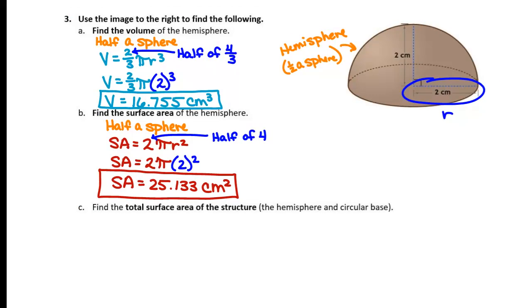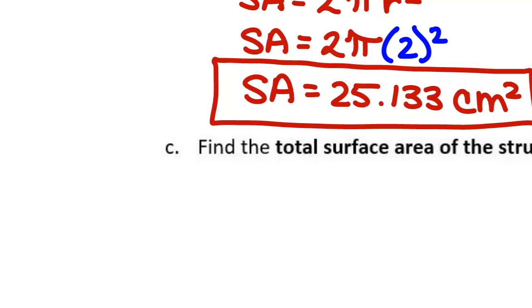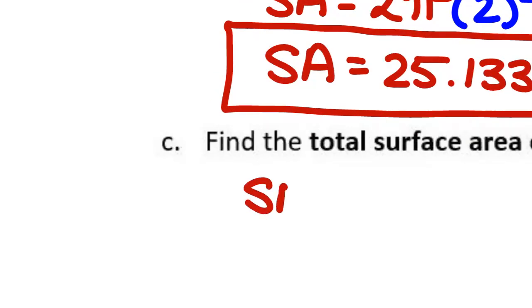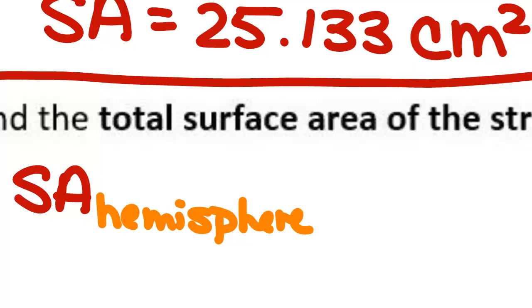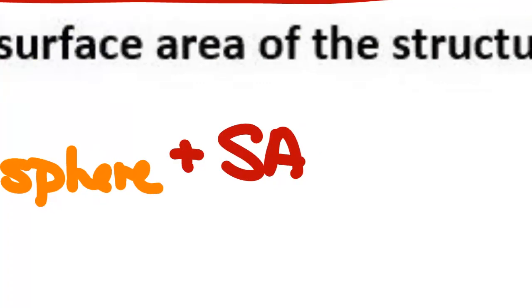I want the total surface area: the surface area of the hemisphere and the circular base. So surface area for hemisphere plus the surface area of the great circle.